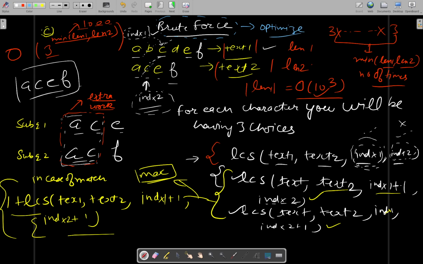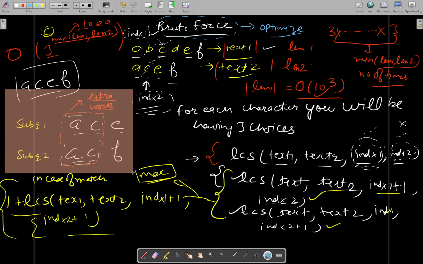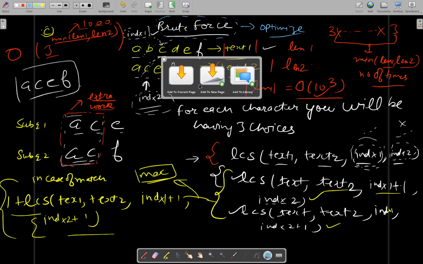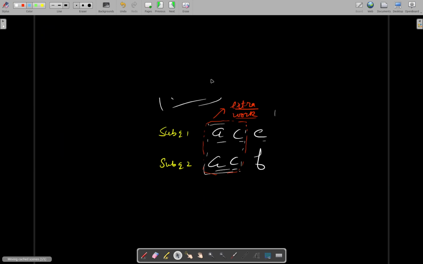Now if you see here, let me take it to another slide. Okay, in this particular example here, this part was common, which was leading to extra work. Okay, so let these be two subproblems of a bigger problem.